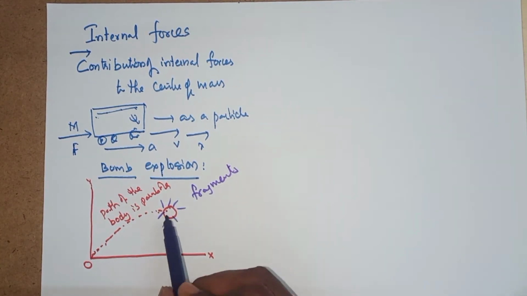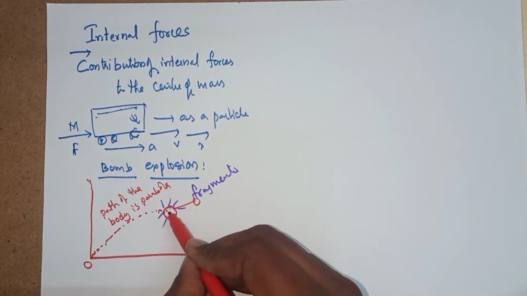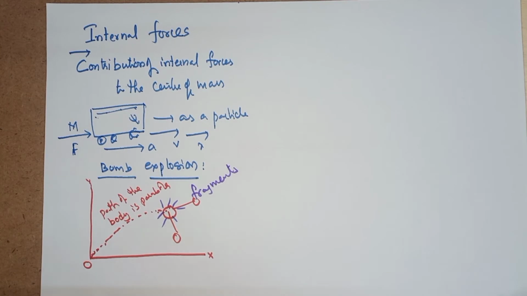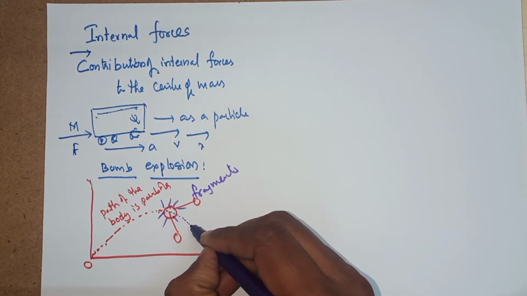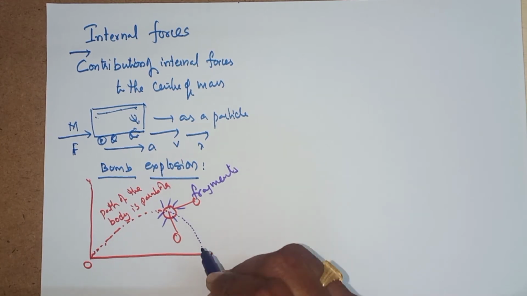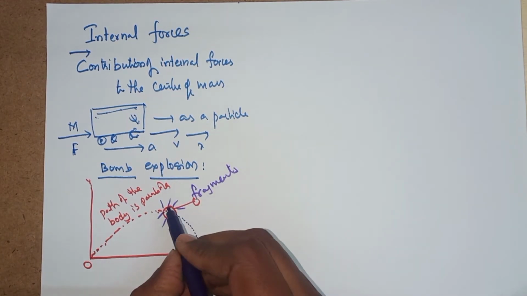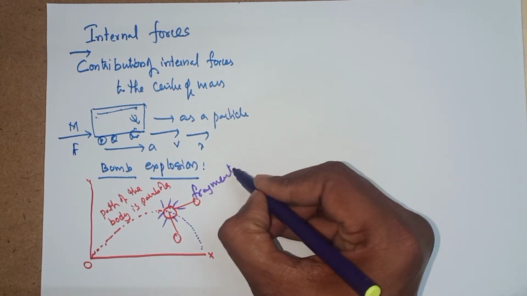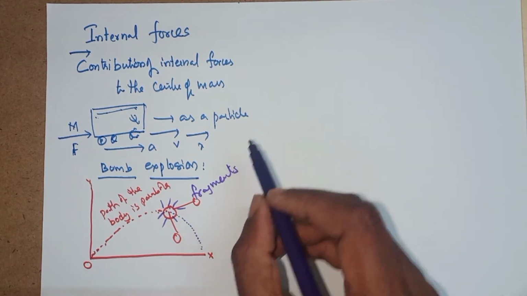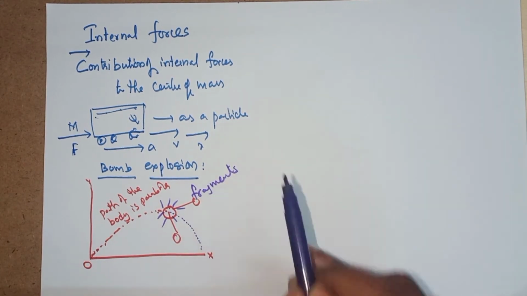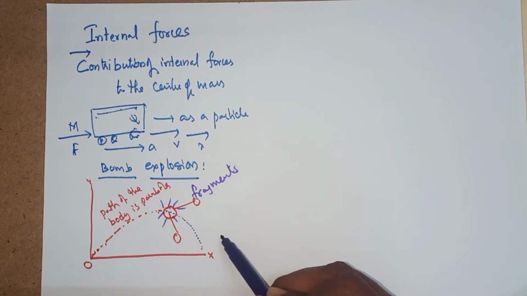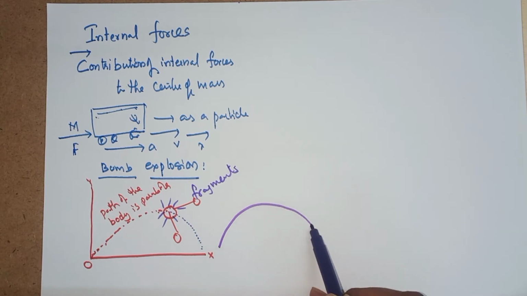Suppose this is one body which is divided, and this is the other body, but if you observe the center of mass, it has the same path, whether internal forces are there or not. As if it had not exploded into fragments, it would have continued the same as this one.